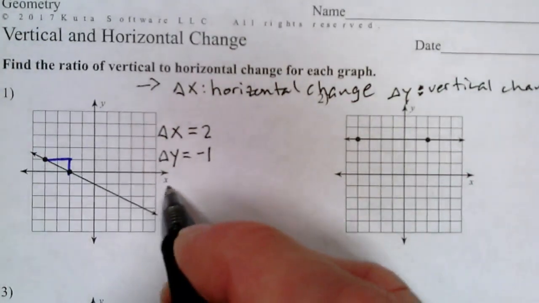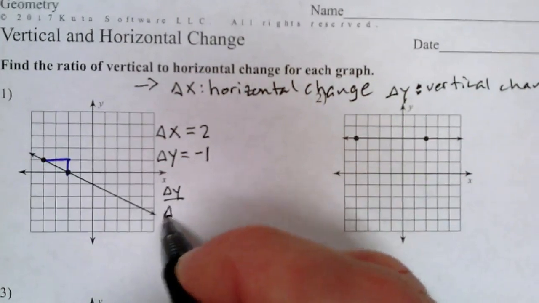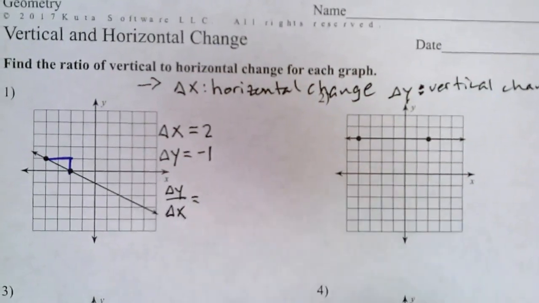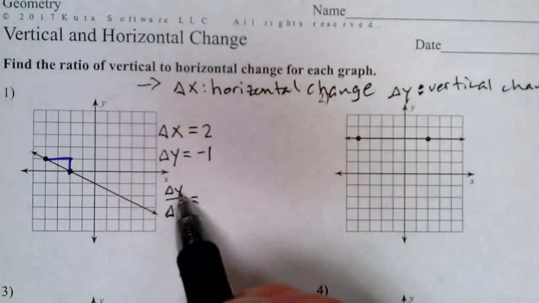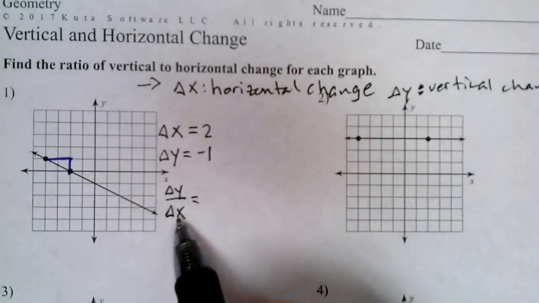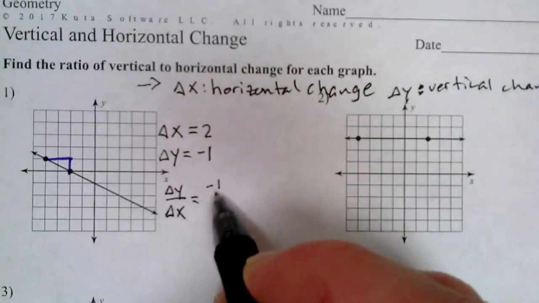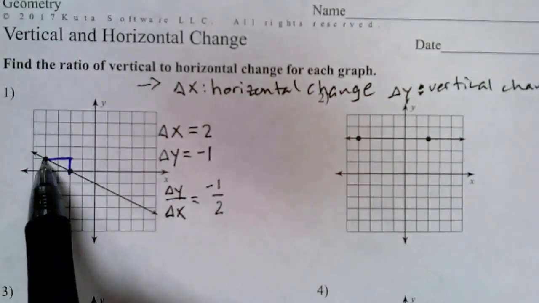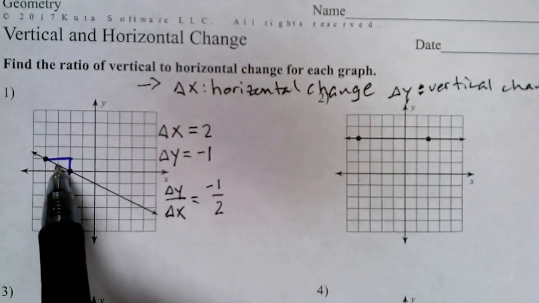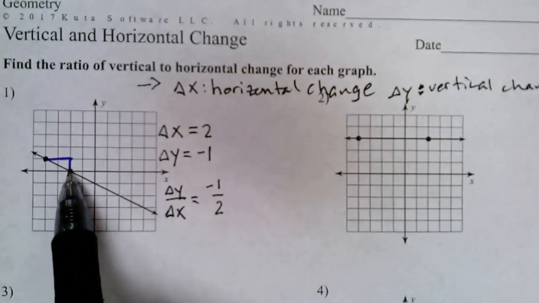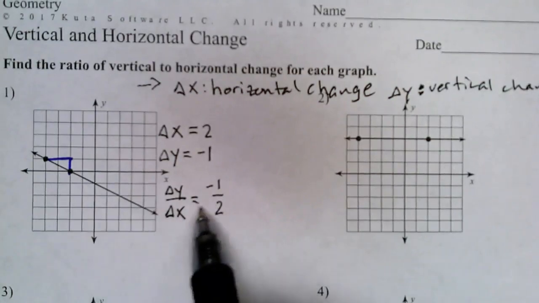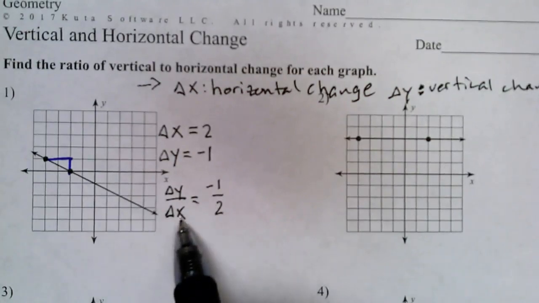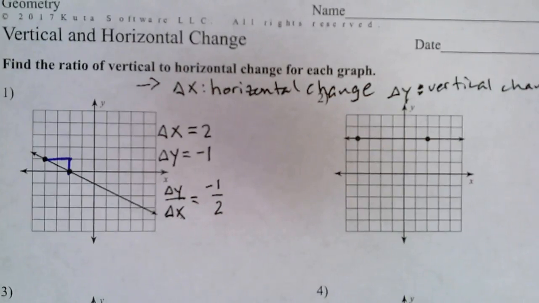So then, our delta y over delta x, our change in y for every unit change in x, is simply -1 over 2. It's -1/2. And if you look here, if we move 1 space forward, we move half a space down. We move another space forward, we move another half space down. So for every space we move forward, how many spaces do we move down?